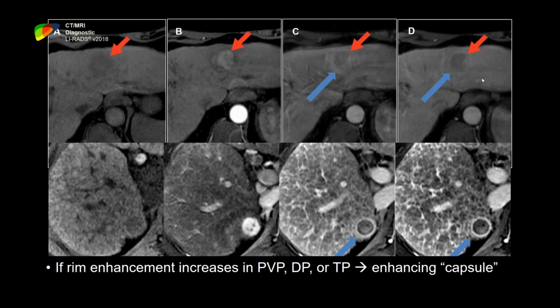But the scenario you're talking about could be several things, but based on what you're describing, that does not qualify for washout. If it's hypodense and maintaining hypodensity without decrease in enhancement from the earlier phase.